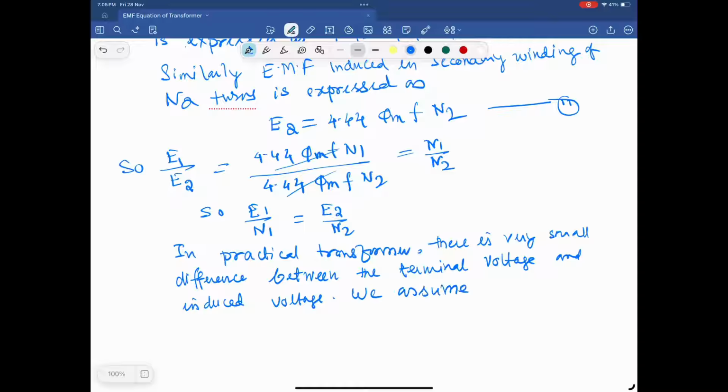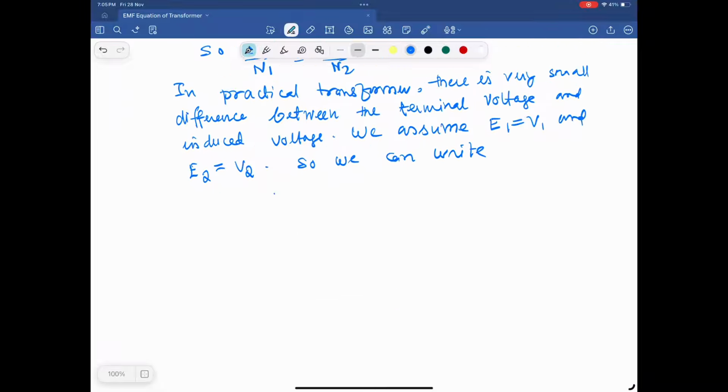So we can write E1 by E2 is equal to V1 by V2 is equal to N1 by N2.